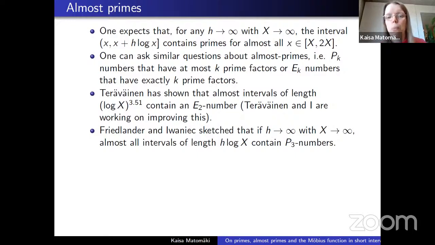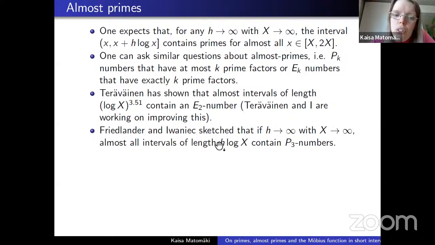So remember that for the primes, we can show that almost all intervals of length x^{1/20} contain primes. So this is a much shorter interval that one can get if one looks at two primes instead. And actually, Joni and I are currently working on improving this, and we can probably do intervals of length (log x)^{2.11} instead of 3.51, but that's a forthcoming thing.